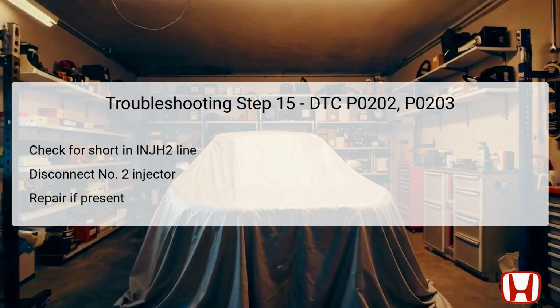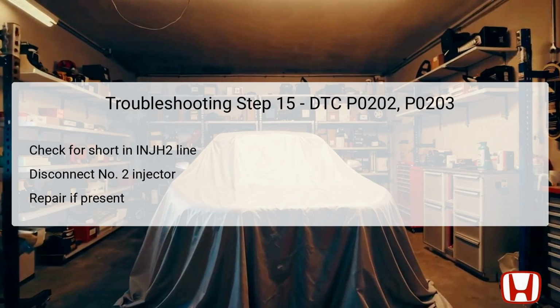In the 15th troubleshooting step, we will focus on any potential shorts in the INJH2 line. Start by disconnecting the number 2 injector's 2P connector, and then turn the vehicle to the on mode. Measure any voltage present between test point 1, located at terminal number 5 of PCM connector E, and body ground.